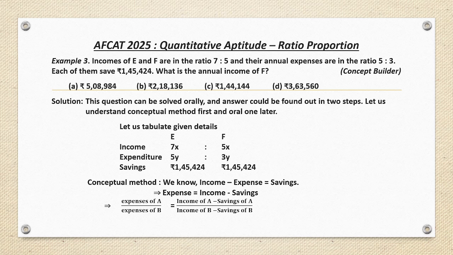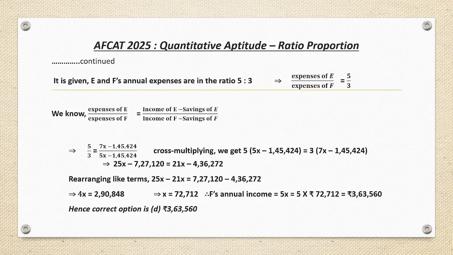Also, for the expenses of A by expenses of B, we can tabulate it as income of A minus savings of A by income of B minus savings of B. If you observe, E and F's annual expenses are in the ratio 5:3, so expense of E by expense of F is equal to 5/3.